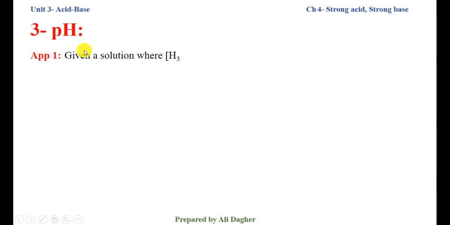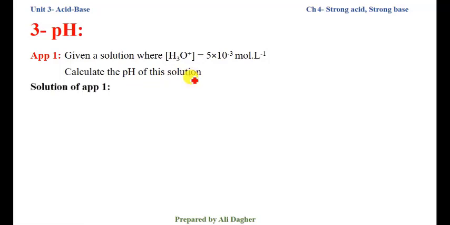Application 1. Given a solution where the concentration of H3O+ equals 5×10^-3 mole per liter, calculate the pH of this solution. Solution of application 1. We are given the concentration of H3O+ and we need to calculate pH.